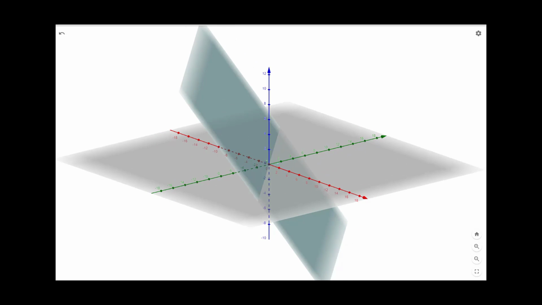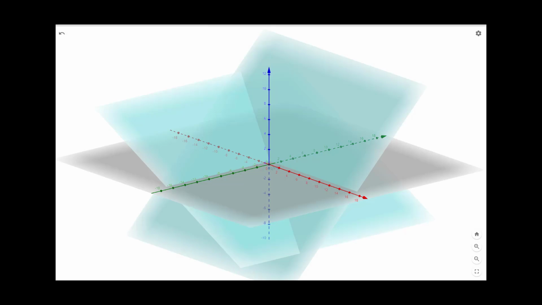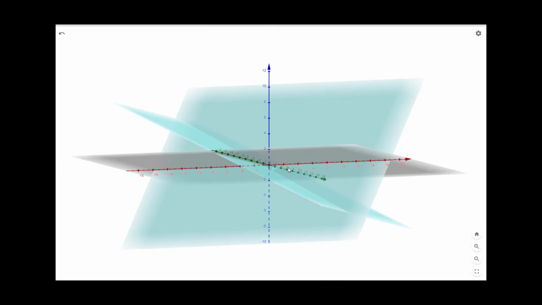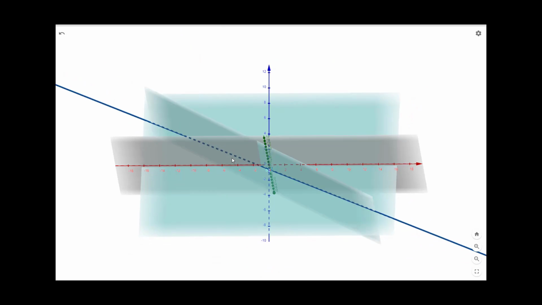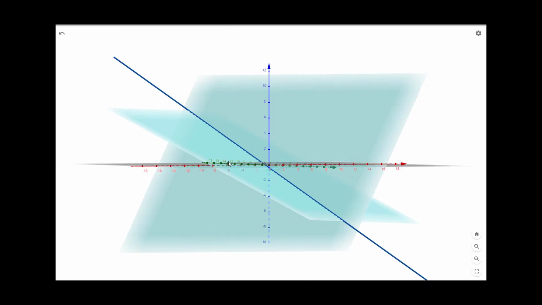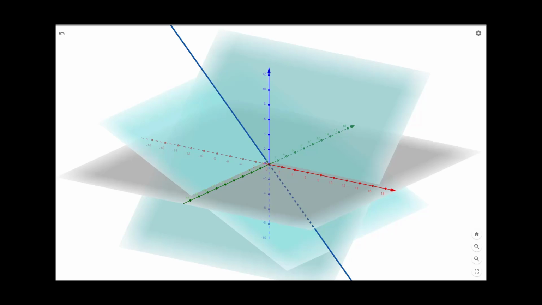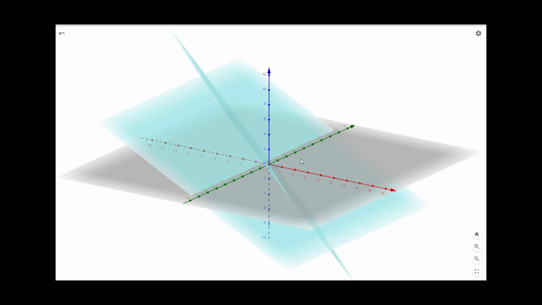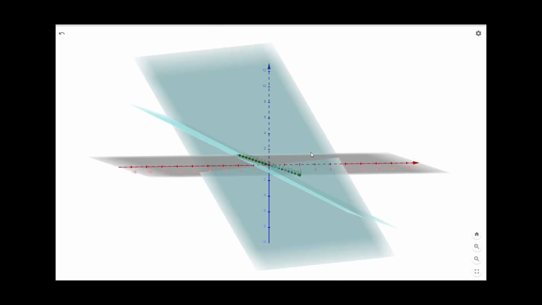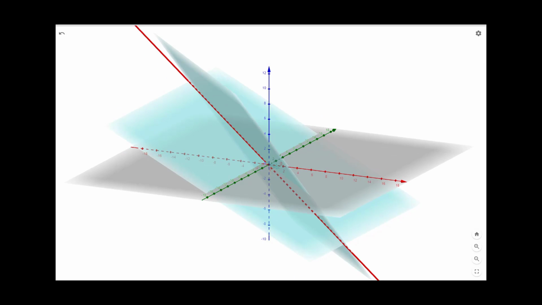Okay. So if we consider the first and second equations together, we will see that they intersect in a straight line, which is like this. Now if we take equation 2 and equation 3, again they are intersecting in a straight line, and this straight line is like this.